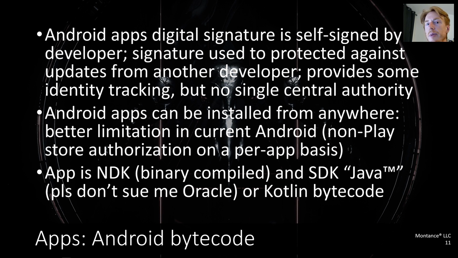Basically, it's Java, but it's not Java, and so Oracle sued Google because Google was using something largely like the Java programming language without paying Oracle for licensing. Google, as a result, has changed to a different programming language called Kotlin, which is now available, both of which get compiled into Dalvik bytecode. And then that Dalvik bytecode is included in a file called classes.dex inside of the APK file, which is just a zip file.